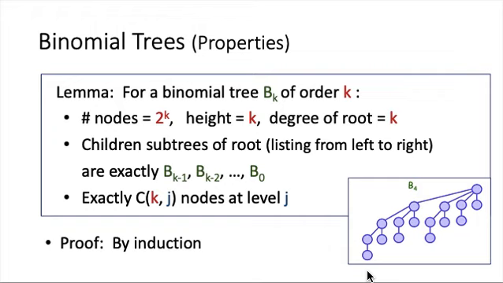These are 4 choose 0, 4 choose 1, 4 choose 2, 4 choose 3, and 4 choose 4. So there will be exactly k choose j nodes at level j. All these can be proven by induction. Because of this property, there is a binomial term here. That's why we call this tree a binomial tree.